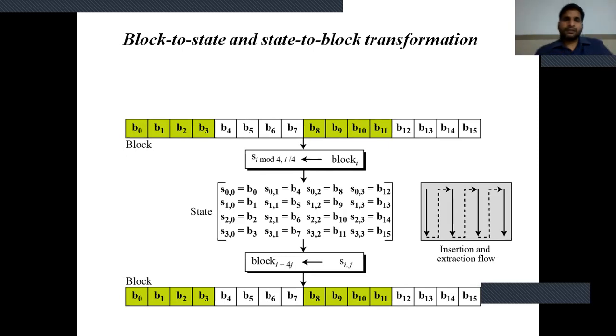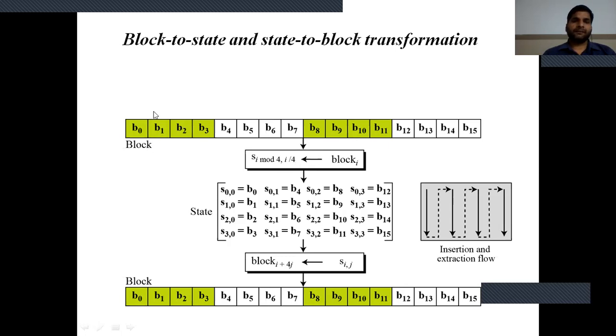Suppose for block to state we use S of i mod 4 comma i by 4. Any block i indicates S of i mod 4 comma floor of i by 4.